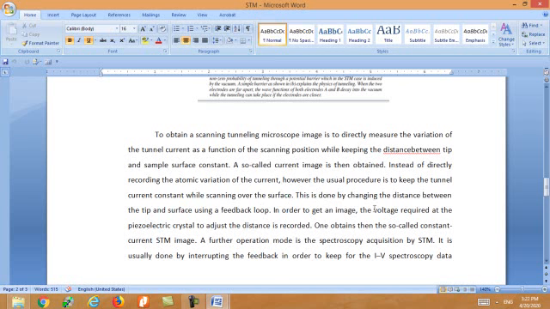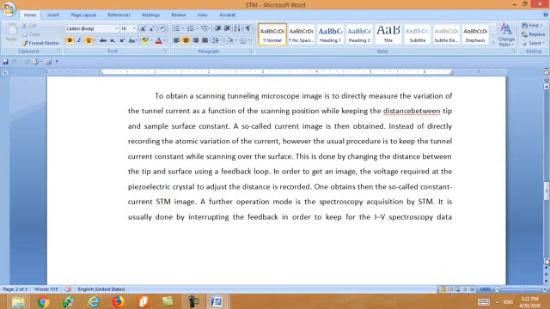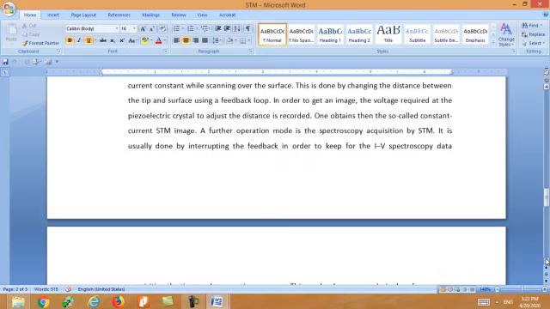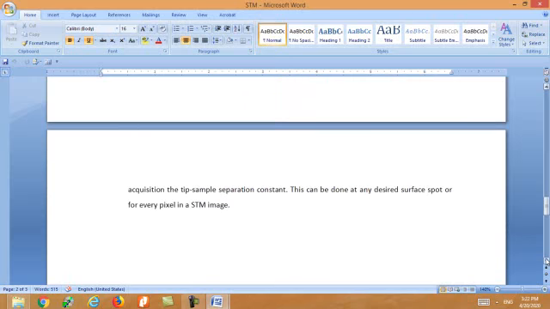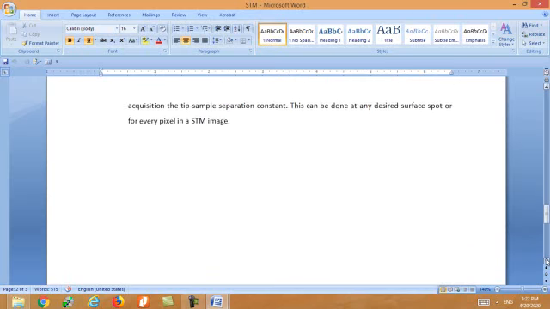This is done by changing the distance between the tip and the surface using a feedback loop. To get an image, the voltage required at the piezoelectric crystal to adjust the distance is recorded. This gives the so-called constant current STM image, and with the help of this current-voltage curve we image the sample surface.